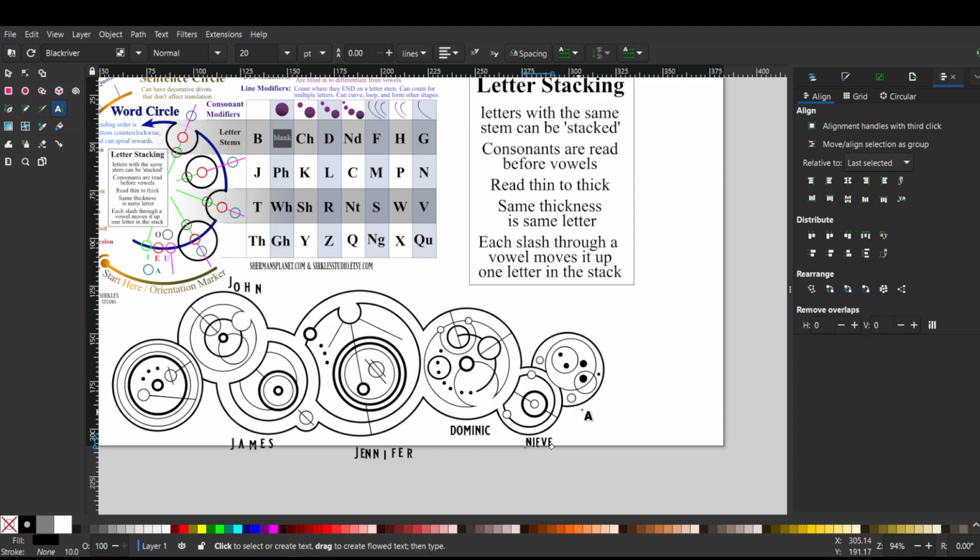And then last but not least, we have this sentence circle around this word circle, and it starts with the letter A outside the word circle, like that. Then we have 1, 2 dots on this circle on the line of the word circle. So that would be a Y. And then 1, 2, 3 dots on this circle inside the word circle, which is an L. So 3 dots.